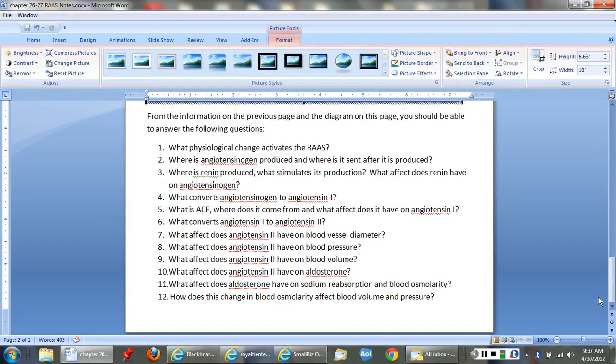Okay, and if you read the fluid electrolyte session, you know that water moves between compartments. So where will water move if blood has a higher osmolarity than tissues have? So fluid would move from the tissues into the blood. Why?